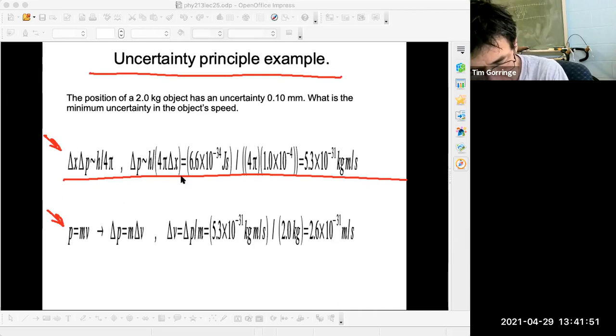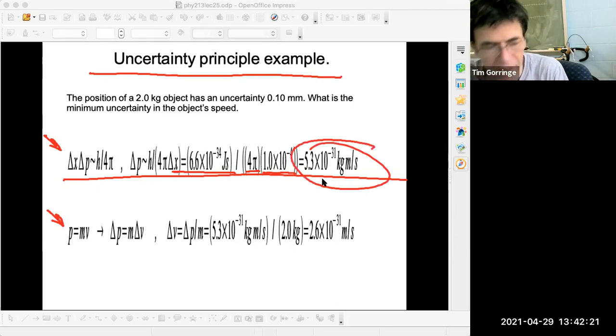If I know the uncertainty in the position, delta x, 1/10 of a millimeter, I can figure out the minimum uncertainty in the momentum. It's Planck's constant over 4 pi divided by that uncertainty in the position. I'm just rearranging the uncertainty principle equation. So I take Planck's constant, divide it by 4 pi, divide it by the 1/10 of a millimeter, and I get the momentum uncertainty. This is the limit on how well I can know the momentum.